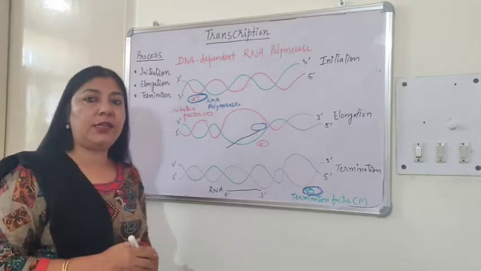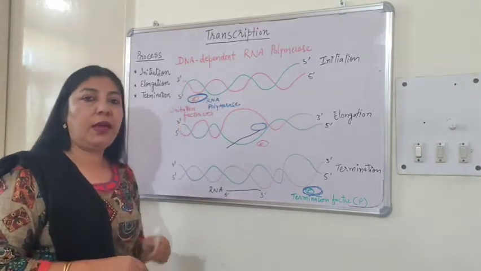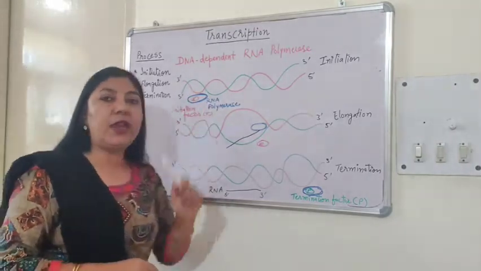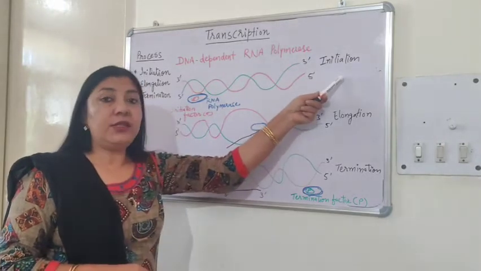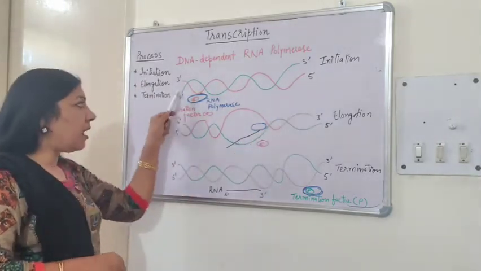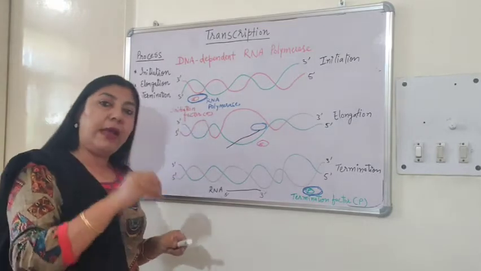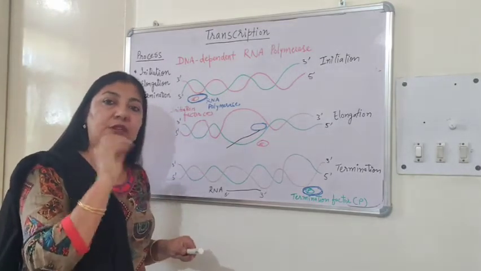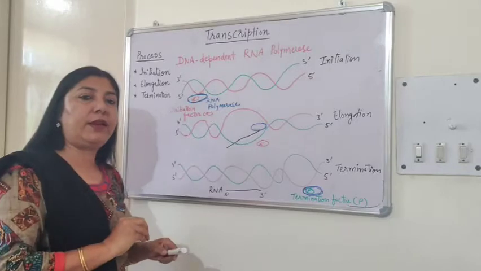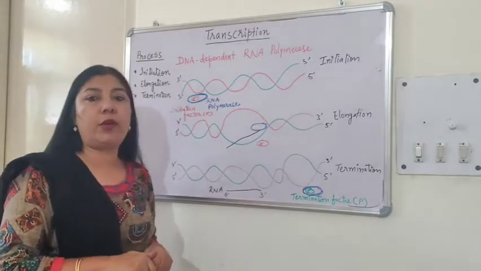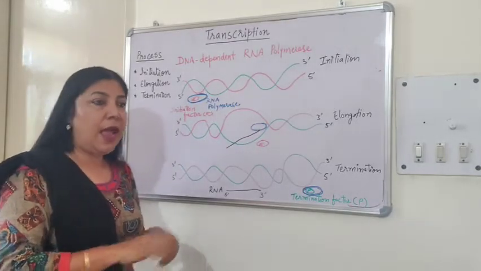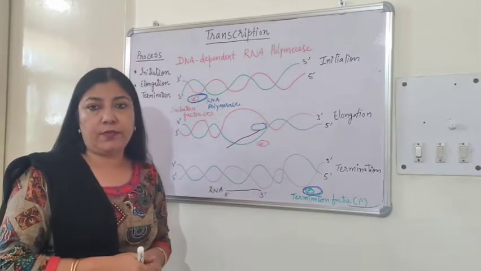So the first process in transcription is called initiation. In the initiation process, this RNA polymerase along with the initiation factor, that is the sigma factor, binds to the promoter site and begins the process.